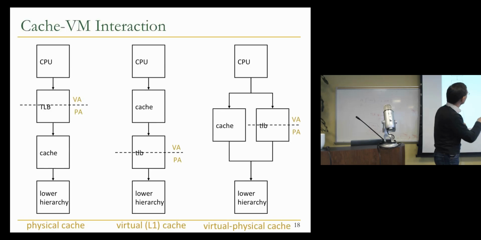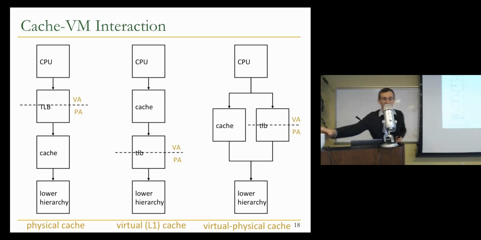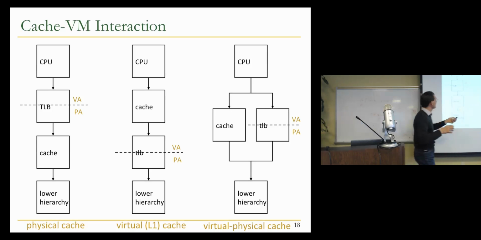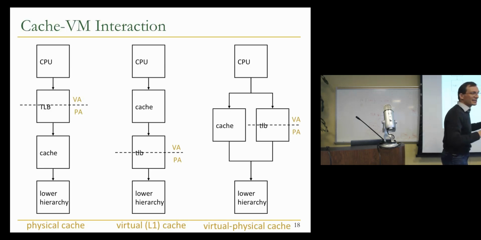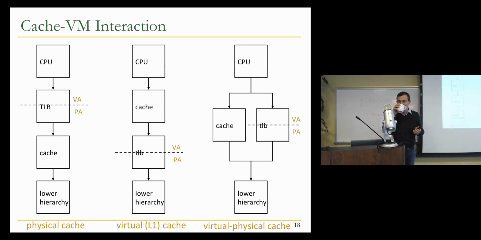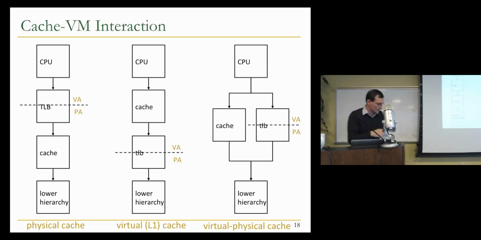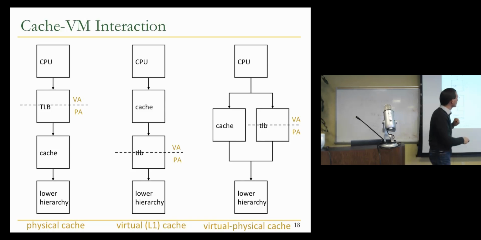The upside of this, it's very quick to access the data from the cache. So the load critical path is not a problem. The downside, well, you have all the issues that we have with the homonyms and synonyms, right? Another solution is this, in parallel, you mentioned, right? In this case, this is a virtual slash physical cache.